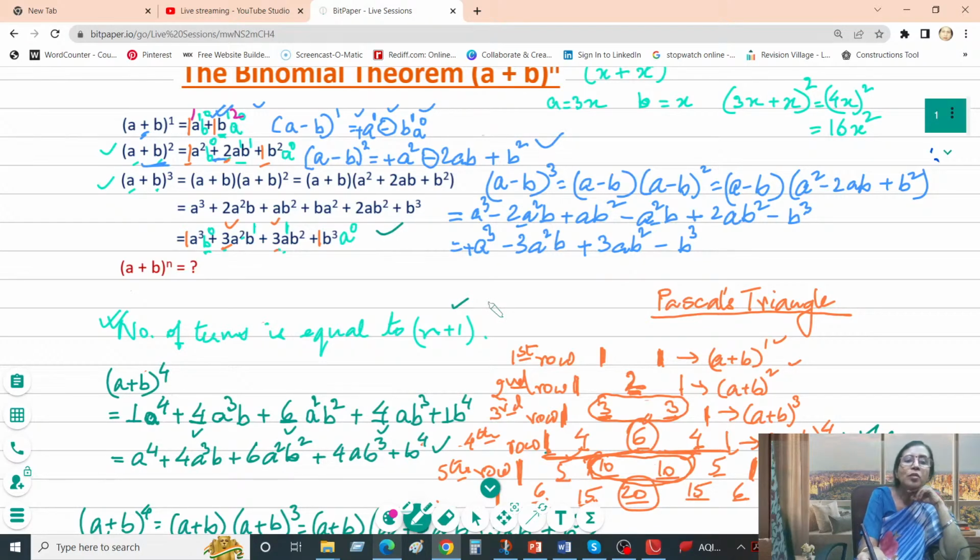But we do not consider them to be the first term and second term. Rather, we consider them as the 0th term and the first term. We always start with the number 0. So this will be the 0th term, this will be the first term, and this will be the second term.